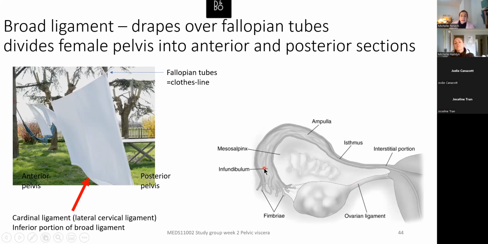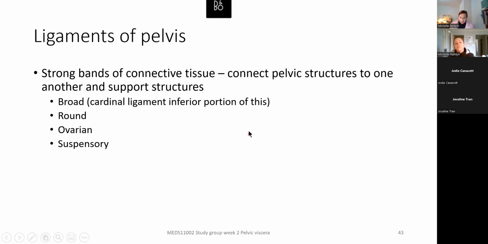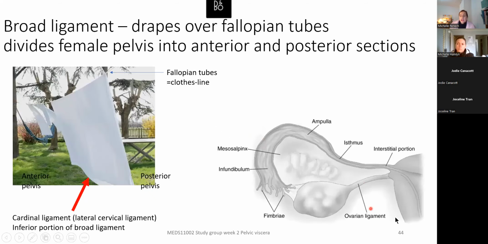Sorry, but the ligaments do not connect bones to bones. I did put this in here and I'm meaning to tell you, no, not all ligaments connect bone to bone. Ligaments can connect bone to soft tissue. They can also connect soft tissue structures to soft tissue structures. So in the pelvis, they will connect soft tissue areas to other soft tissue areas. So in the pelvis, we're going to have a whole lot of soft tissue structures.